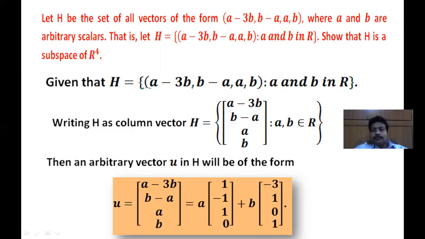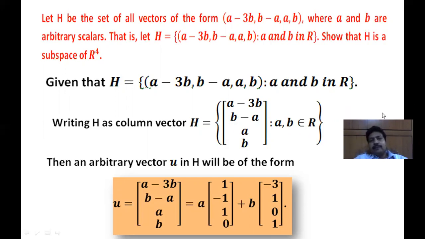To show that, we use the previous concept. So let us prove that H is generated by some vectors in R4. It is given that H is equal to this set. The given hypothesis is carried to here.